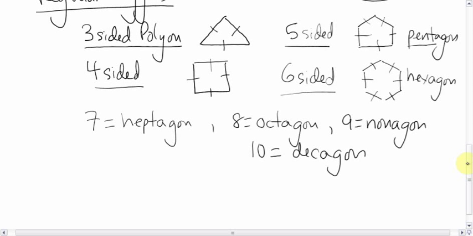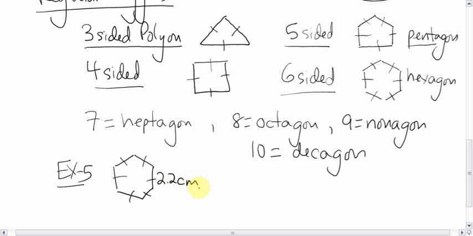Okay, so how do you figure out perimeter questions with regular polygons? It's actually very easy too. Next example, let's say you have a figure like this, 6 equal sides, so that would be a hexagon, and let's say that each side is 2.2 centimeters. You had to find the perimeter of this.